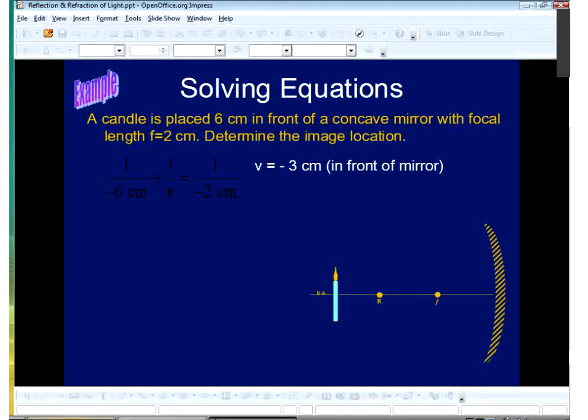Your answer is not very clear. 3 centimeters means what? So the answer is 3 centimeters in front of the mirror.